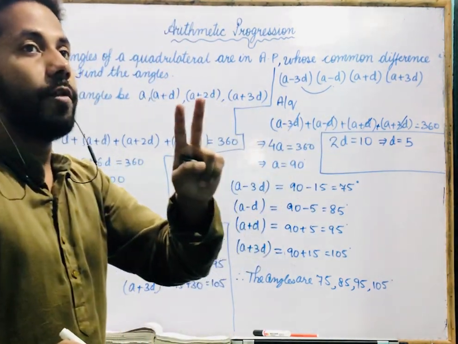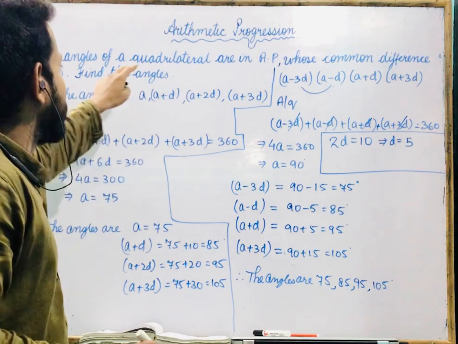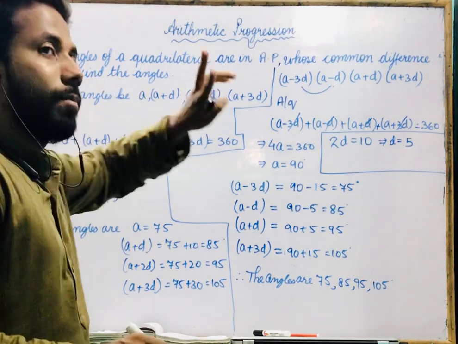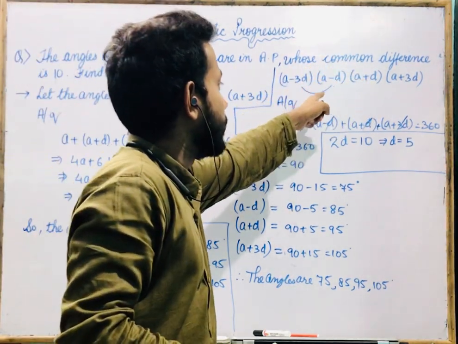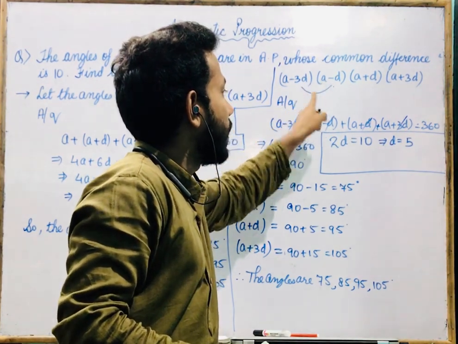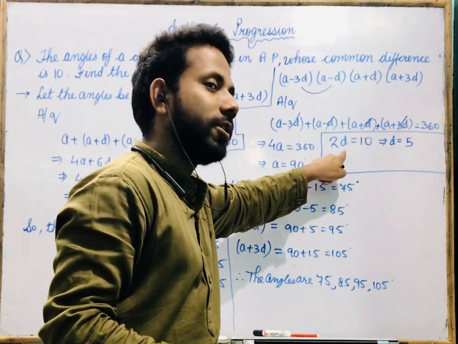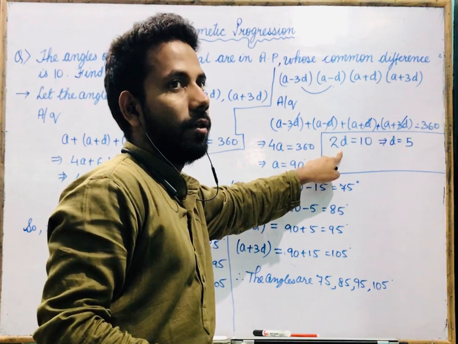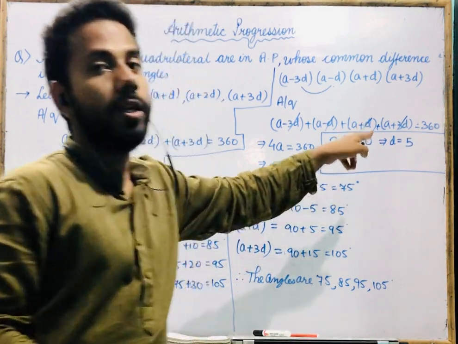In the question the difference between the two angles was 10, but in the pattern we have considered, the difference between the two angles was not D, it was how much? 2D. Therefore 2D equals 10.